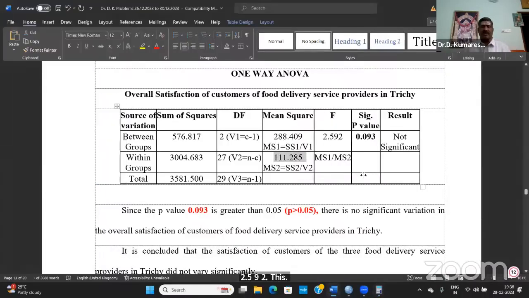That is F value. Okay. This is how we can cross check whether the output shows the correct values or not.